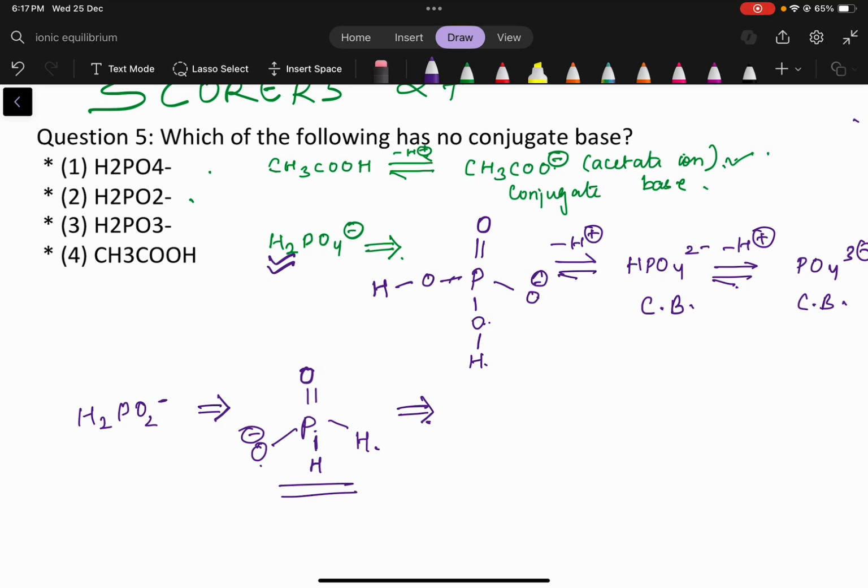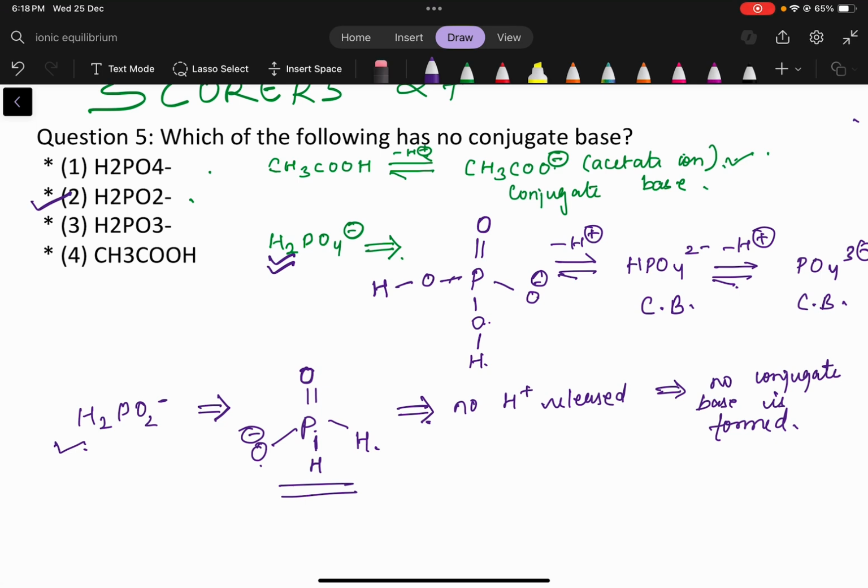Hence, no H plus is released and no conjugate base is formed. Right? So the correct answer is H2PO2 minus, that is hydrogen phosphide. This is the right answer.